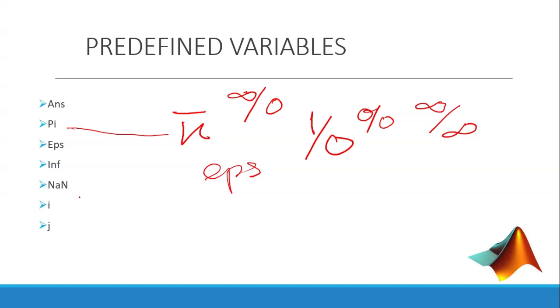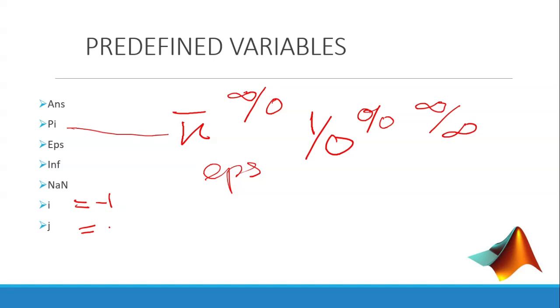Now the next one is i. When I find the square root of -1, it gives me a number in i. The same thing happens when I use j also.